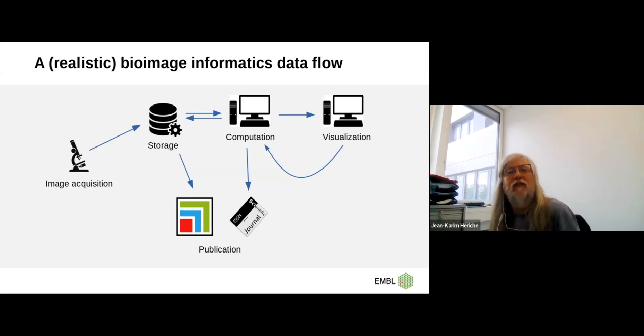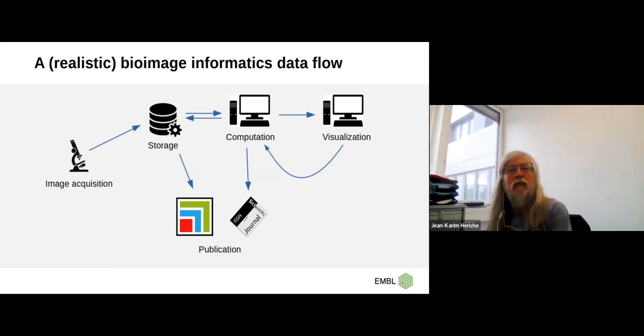And so you might have actually several rounds of processing the data, looking at it, and doing more processing. So for example, you might look at the data, do some annotations or select regions of interest before you do computation again.